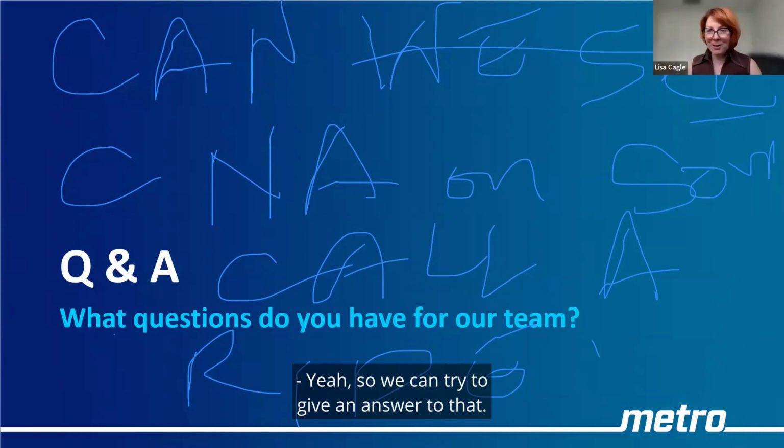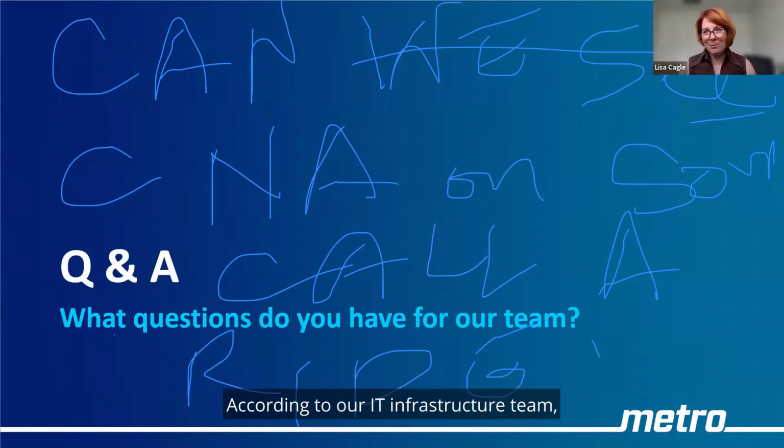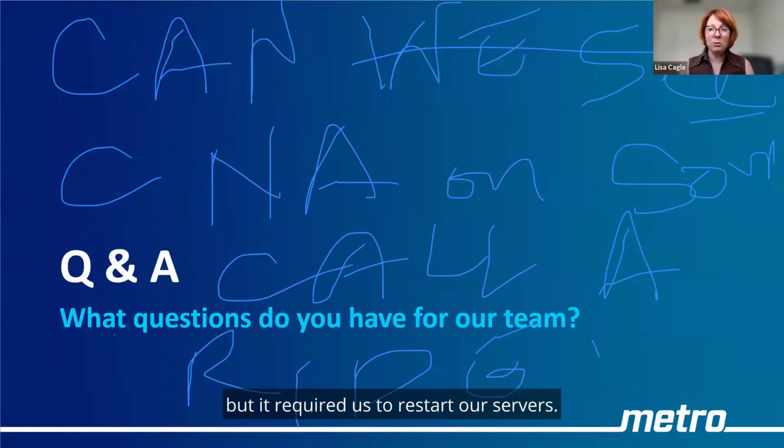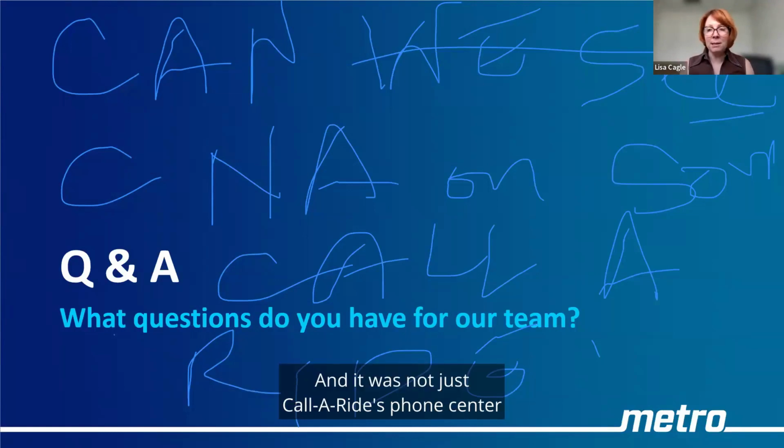Yeah, so we can try to give an answer to that. According to our IT infrastructure team, it was a bug in Cisco that we had never seen before and was very rare, but it required us to restart our servers. It was not just Call-A-Ride's phone center that was affected, it was also the Arch call center.